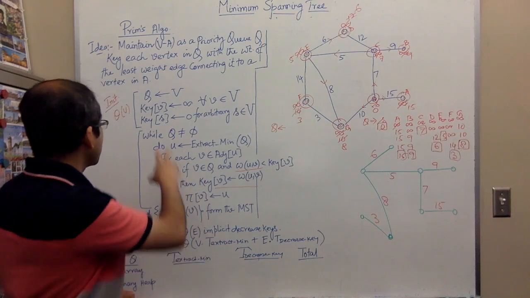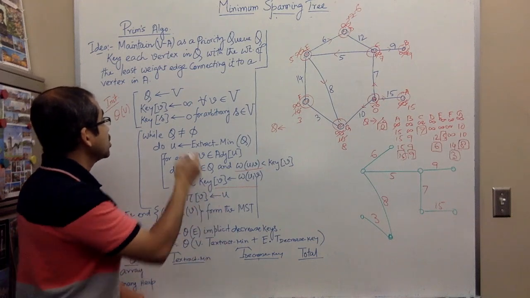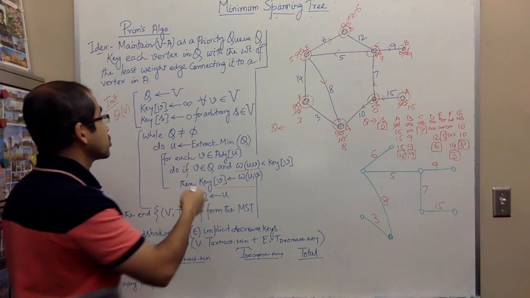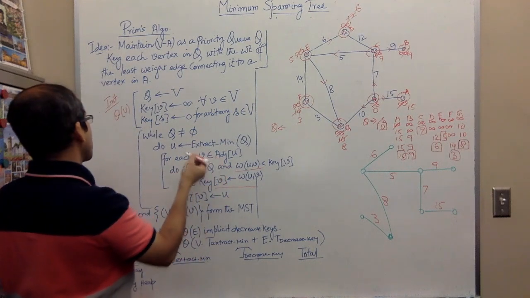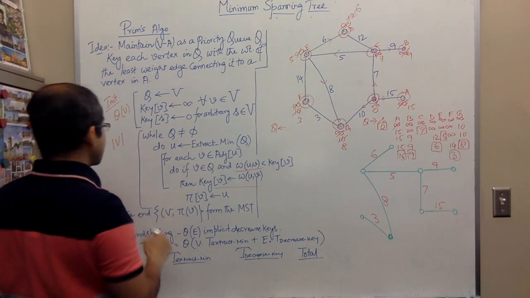How many times will this part be executed? This will be executed V times, because Q has all the vertices. Q not equal to phi means every time you take out one, so it's like order of n, linear time, or order of mod V times. This entire thing will be executed.